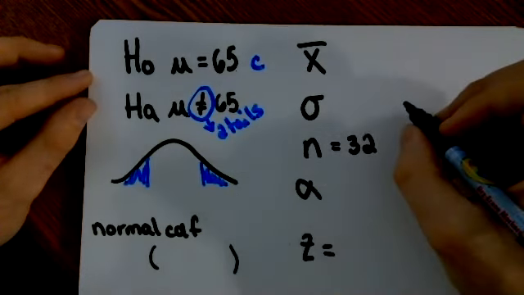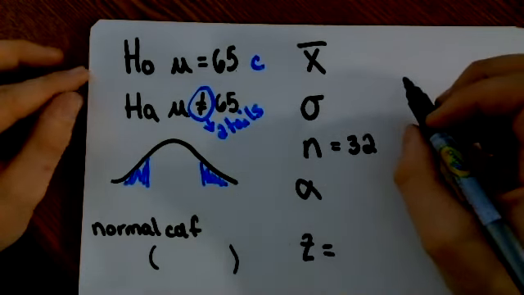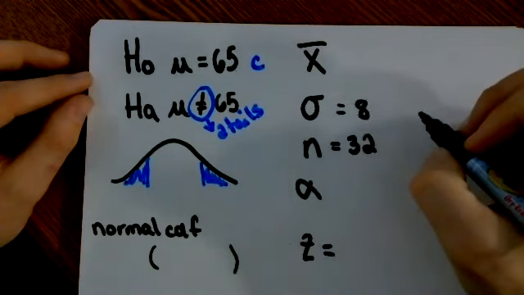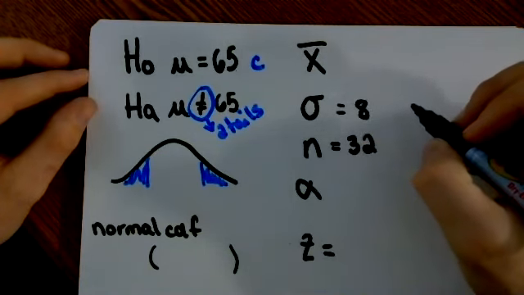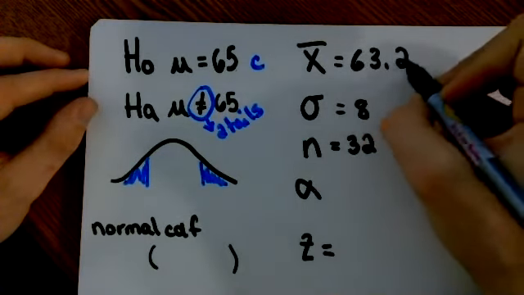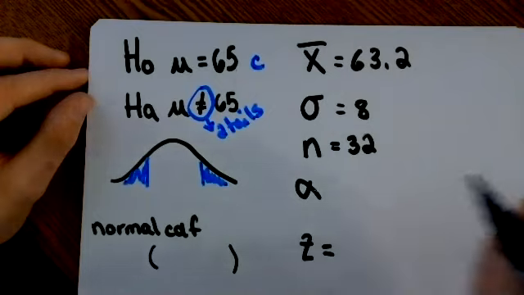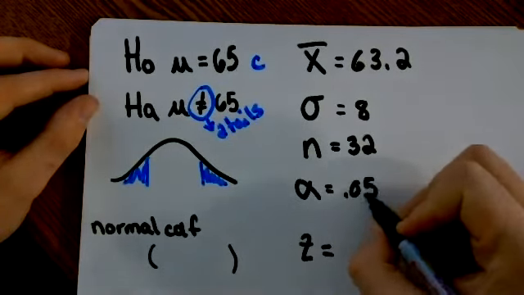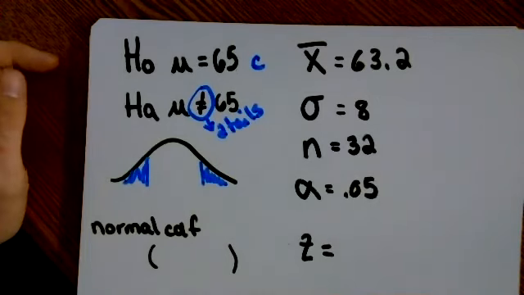It said my standard deviation for the population was 8 acres. And it said that the average for that sample, my X bar, was 63.2. So just filling in the information they give us. And of course, our level of significance, they told us, was 5%, 0.05.